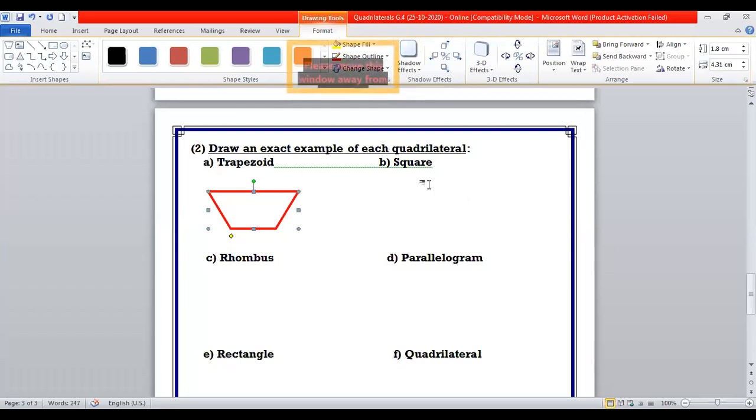Okay, guys, now the square. You know, in the square, all sides must be equal in length. This is an example for the square.